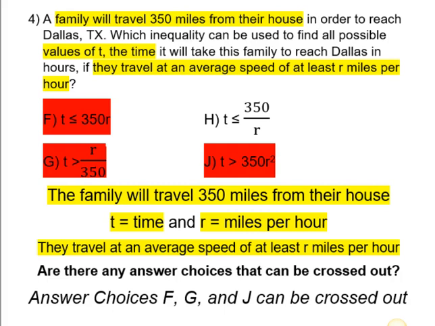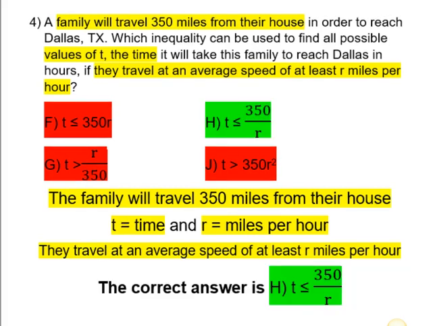The 350 should be on the top, and the time, r, should be the denominator. That's why we were able to mark out G. And our correct answer is H: T is less than or equal to 350 divided by r.